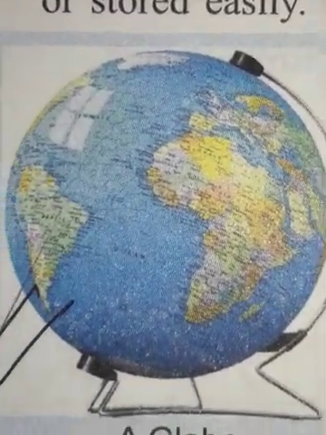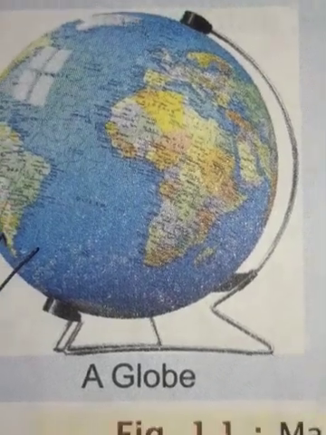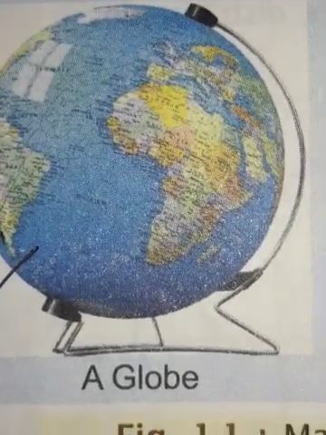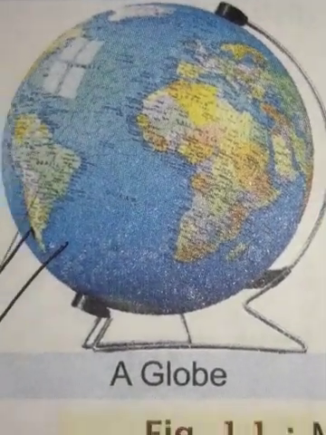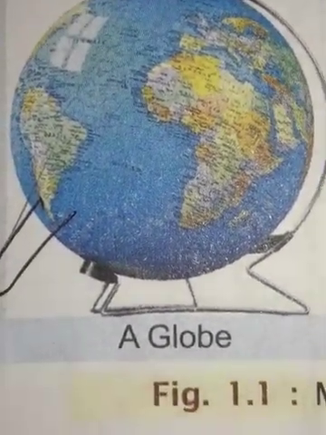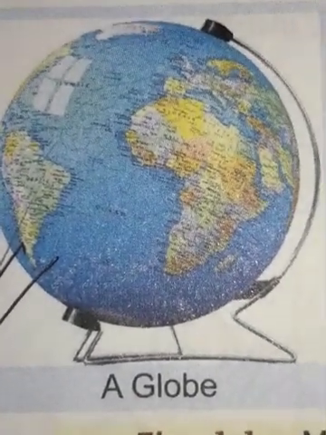You can see blue color for water, mountains in brown, and plains in green. So we can see different physical features also in globe, but there is a limitation, but that is important also. Globe is also important. Now there are some disadvantages of globe.